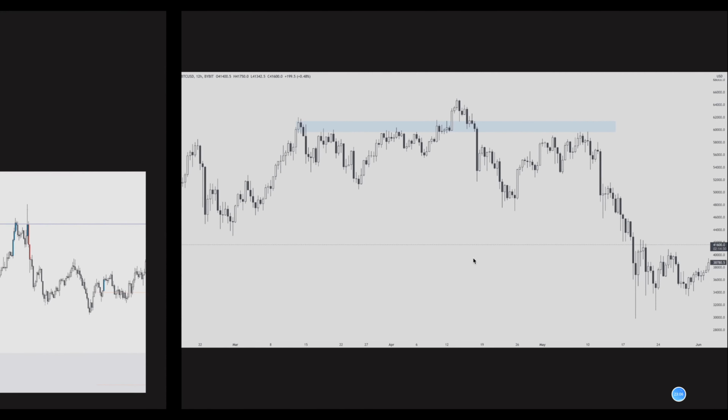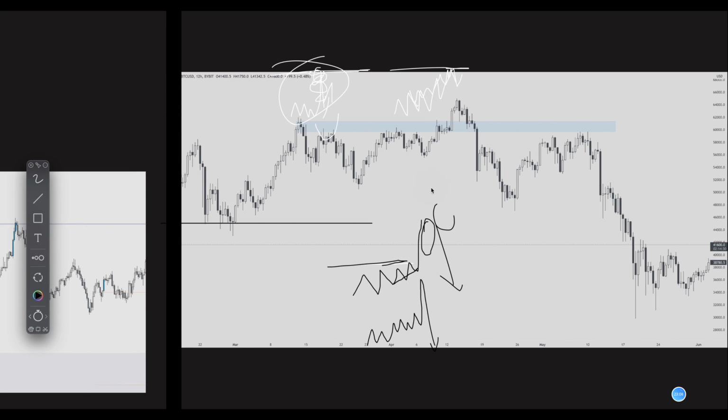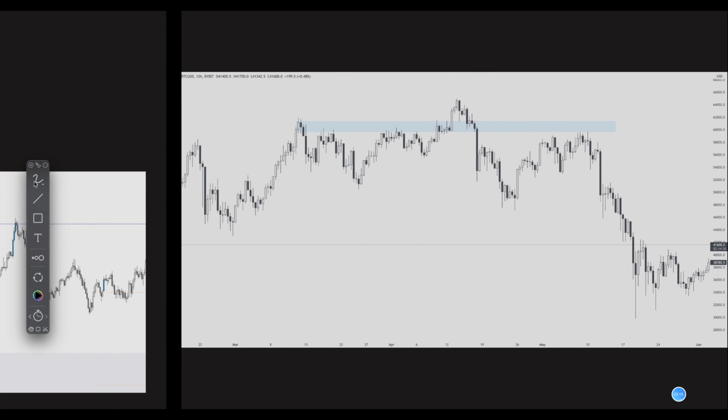And we can see this. This is Bitcoin, this is a 12-hour chart actually. The first time we went to the all-time highs basically, you can see that we had this level of resistance, and the market was just very slowly grinding towards it. So it just gets tested.